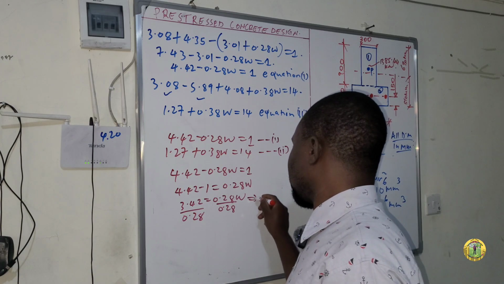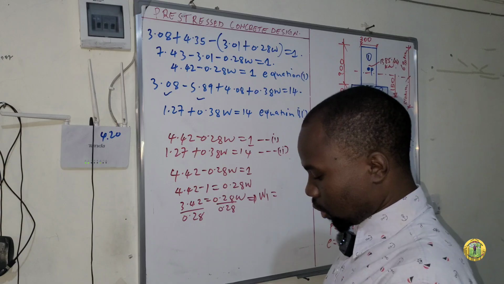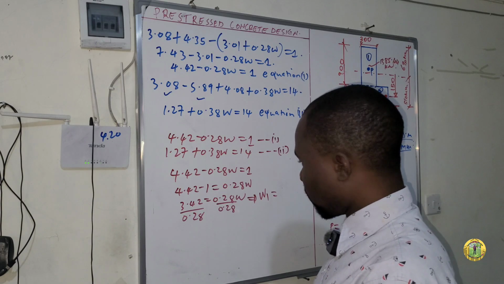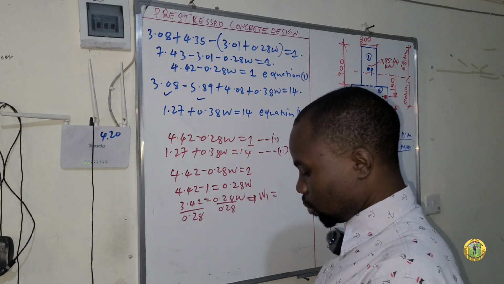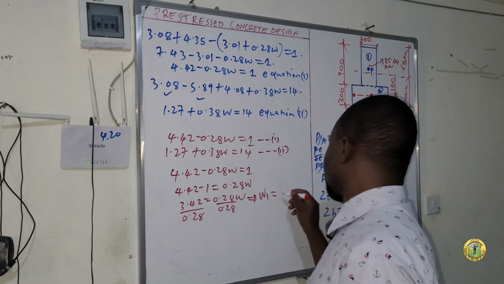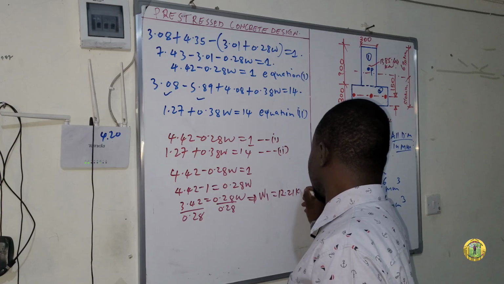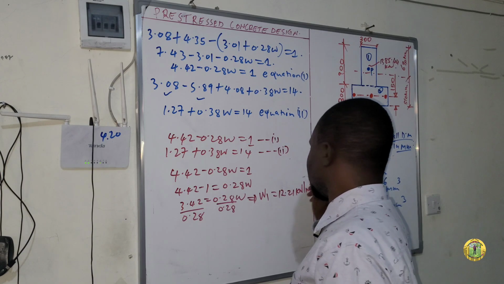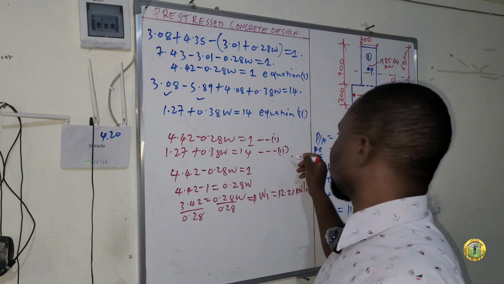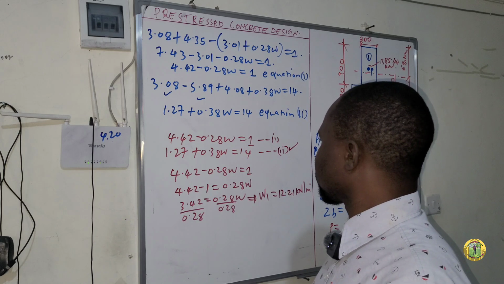Which implies, let's call it W1, is equal to 3.42 divided by 0.28. So this one is equal to 12.21 kilonewton per meter.